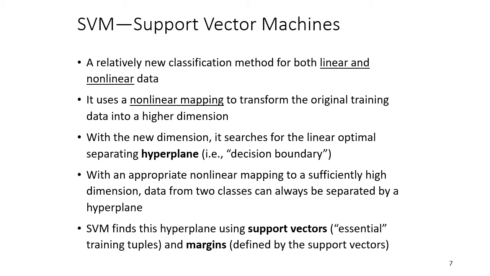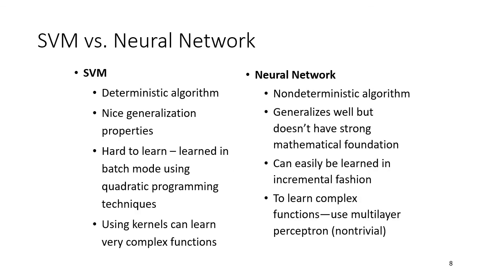The hyperplane is basically the plane separating the two classes. This is the idea of the support vector machine, and it finds this hyperplane using support vectors, basically the essential training tuples, and margins defined by the support vectors.